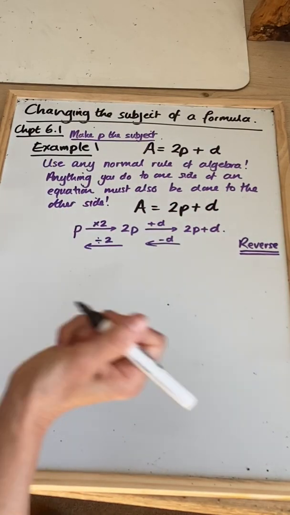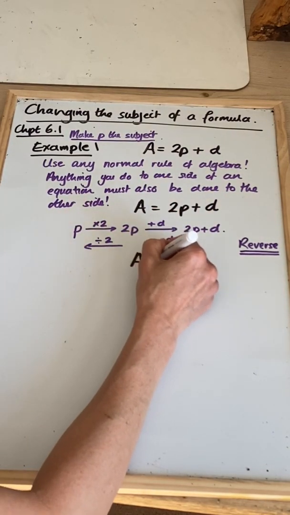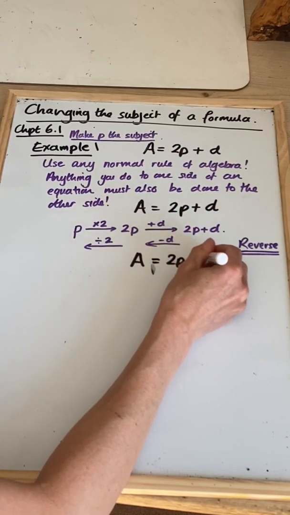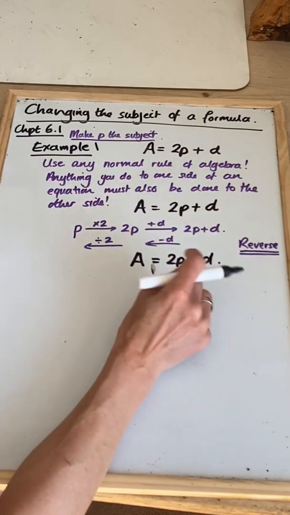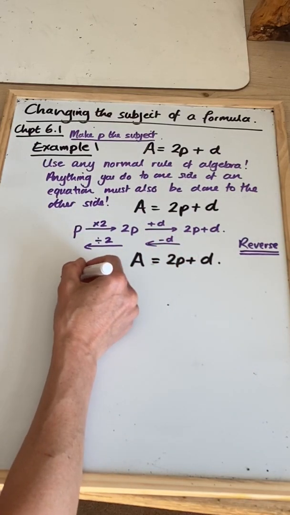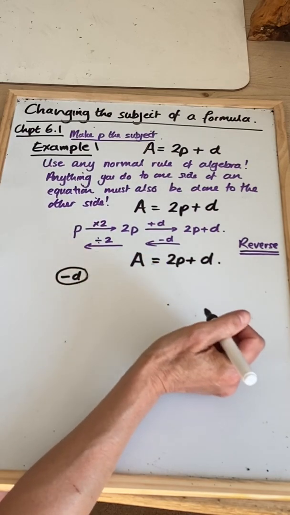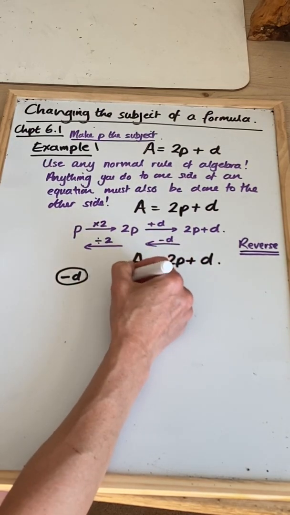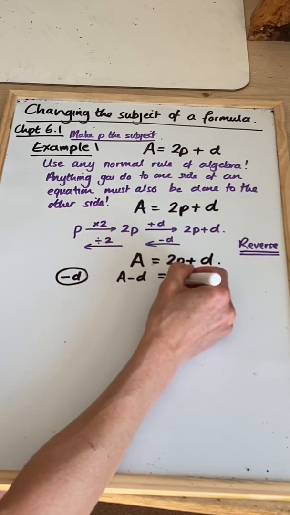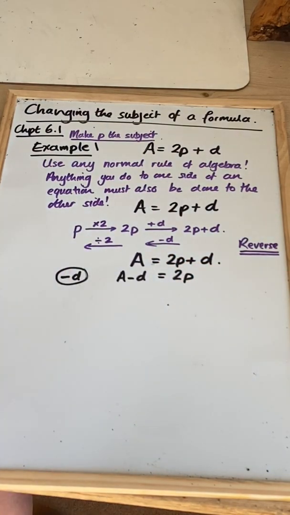So keep writing out this formula. I'm going to write it out one more time. A equals 2p plus D. So reversing out, doing what was done to the P, but in reverse order, first thing I'm going to do is subtract a D. I have to do that from both sides. So this side will be an A minus D, and over this side, I'm just left with a 2p.